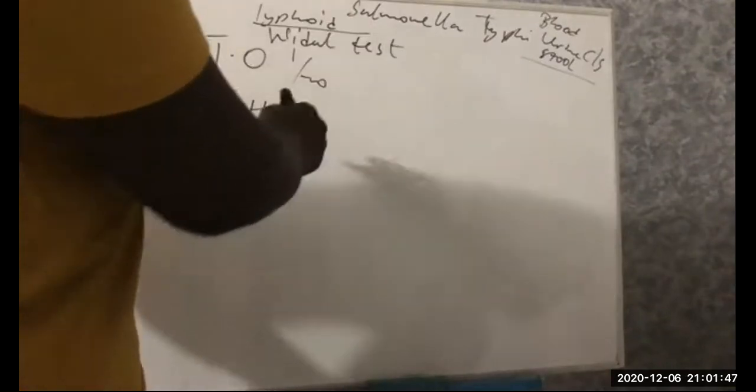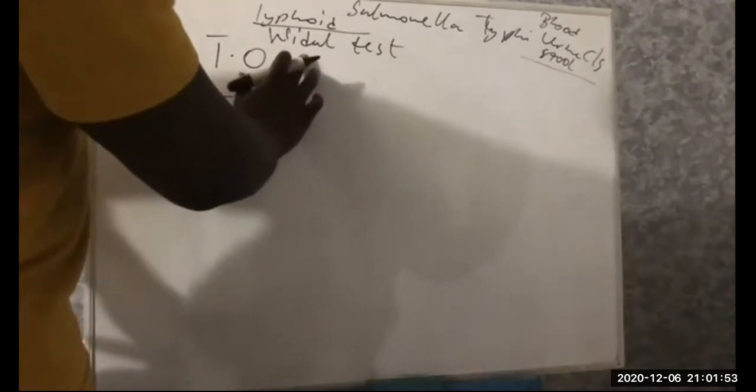If it is 1 over 20, it is not anything. This TO, which is the antigenic part, once it increases rapidly when someone is having typhoid fever, it will increase up to about 160 and above, okay? 1 over 160 and above. That is infectious state. Infectious state.